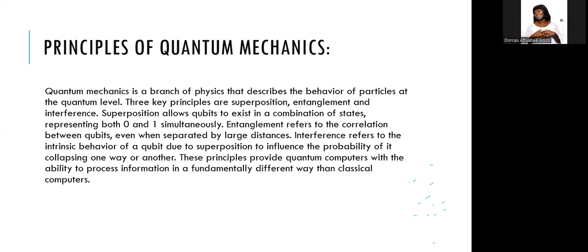And interference refers to the intrinsic behavior of a qubit due to superposition to influence the probability of it collapsing one way or another. This is the part where we talk about wave-particle duality. These principles provide quantum computers with the ability to process information in a fundamentally different way than classical computers.